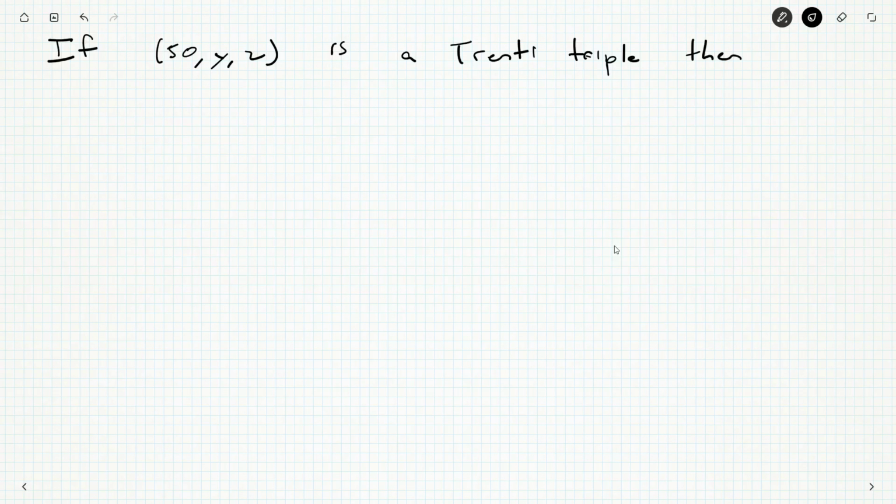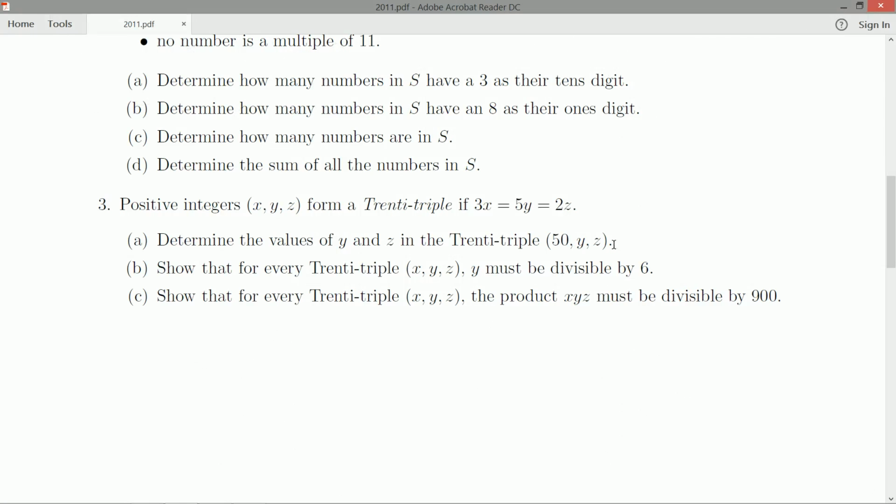So, if 50, y, z is a Trenti triple, then by definition I know 3 times 50 is equal to 5 times y is equal to 2 times z, correct? Yep, 3, 5, 2.